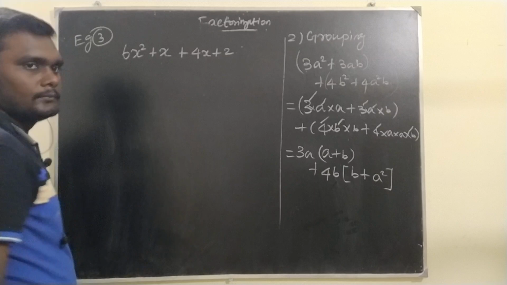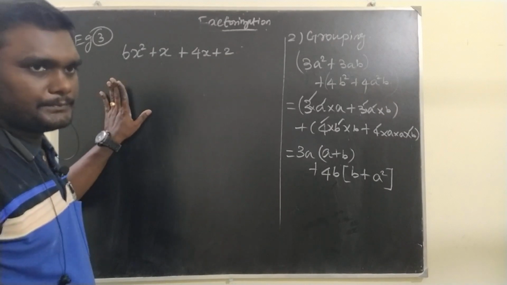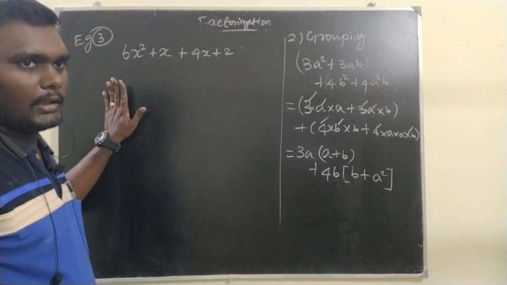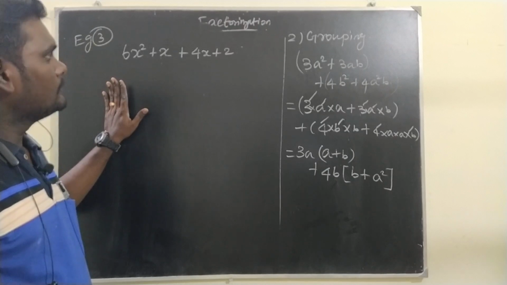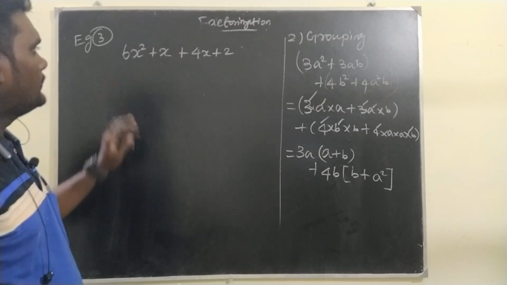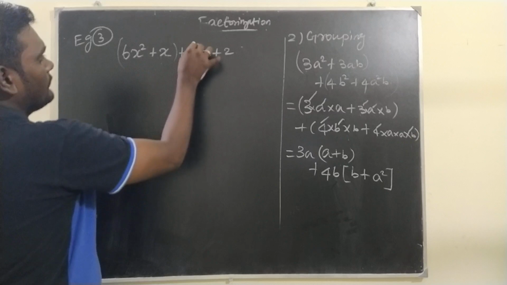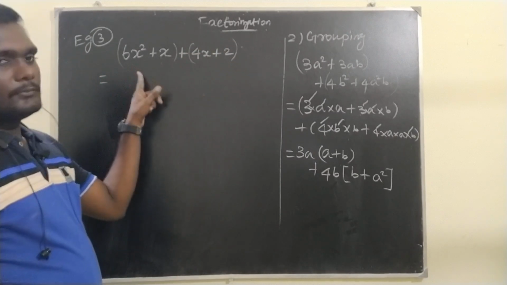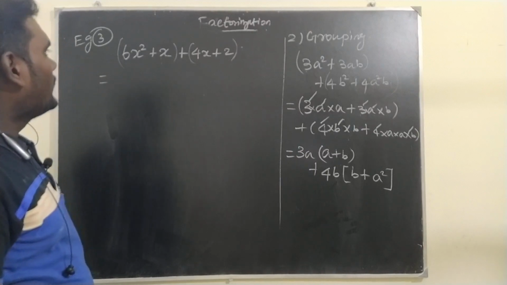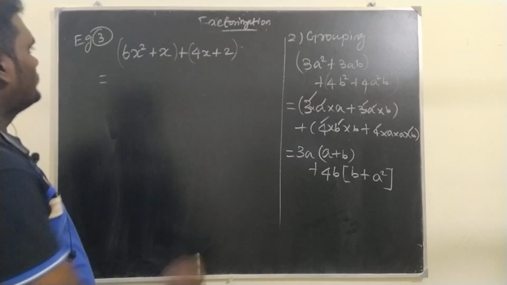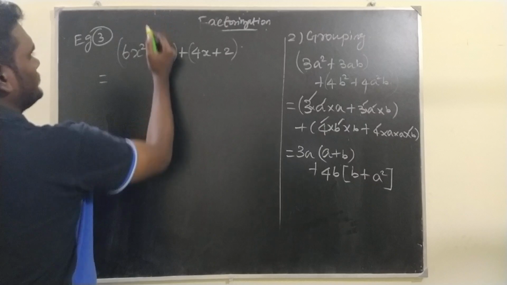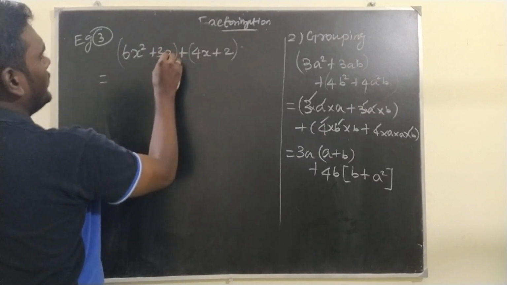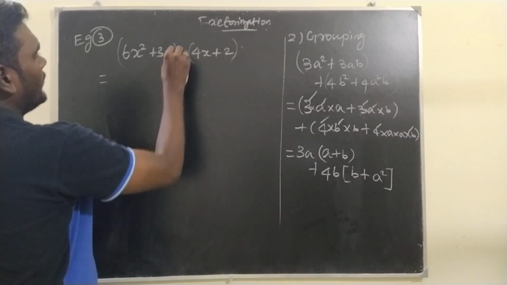Take this example. Here I am going to group the first two and the last two. From the first two, what can be taken as common? Here, 3x.